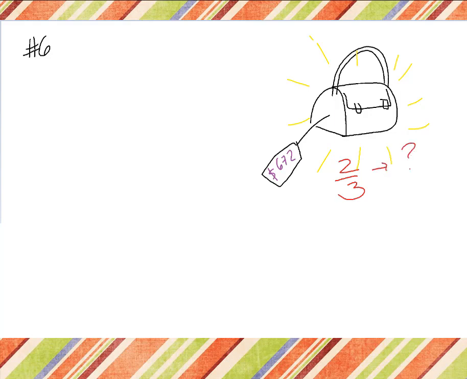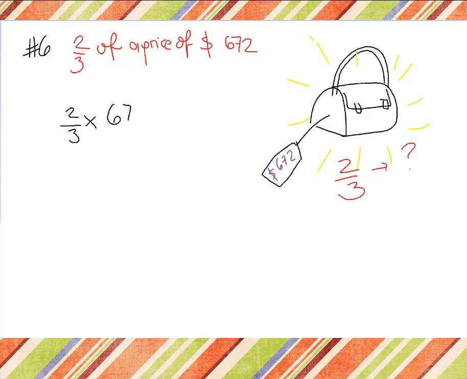Okay, the problem is 2/3 of the original price, but the original price is 672, and let's find out how much you have to pay for it. Here I have 672.